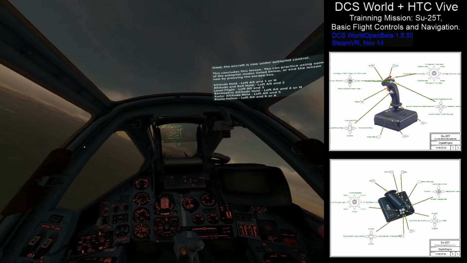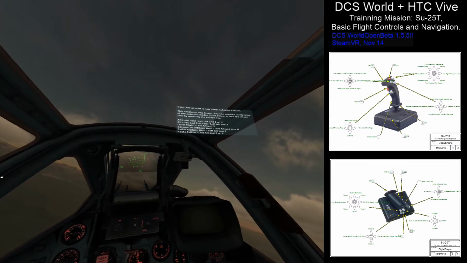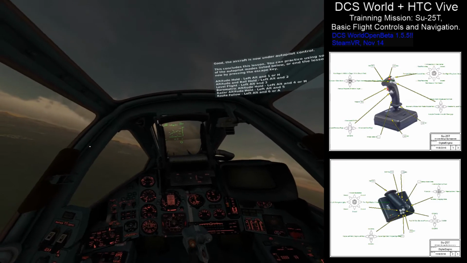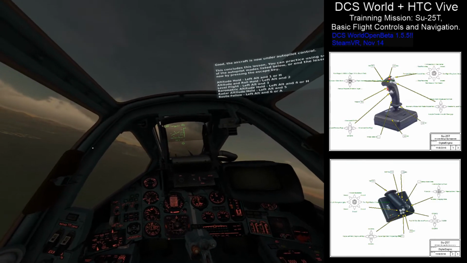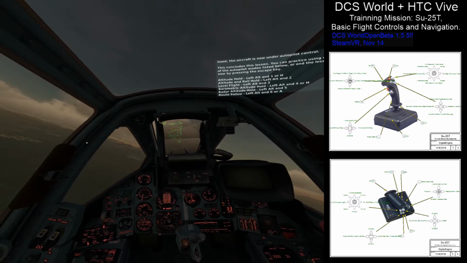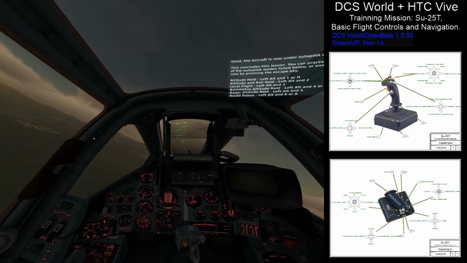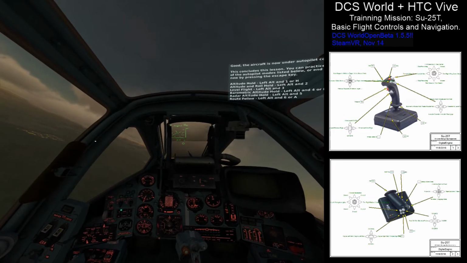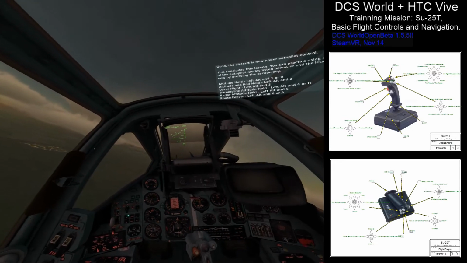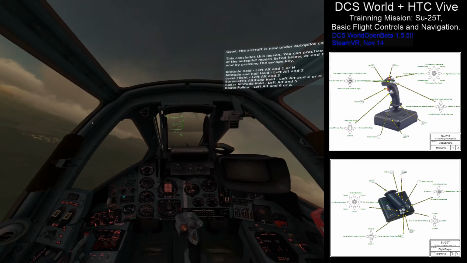That is actually attitude and roll hold mode. So let me put it in this. Now we're going to go to about a 20 degree pitch, 30 degree bank, and activate it. Now at this point we're in an attitude and roll hold mode.